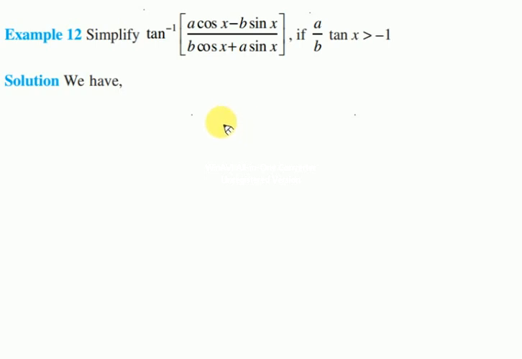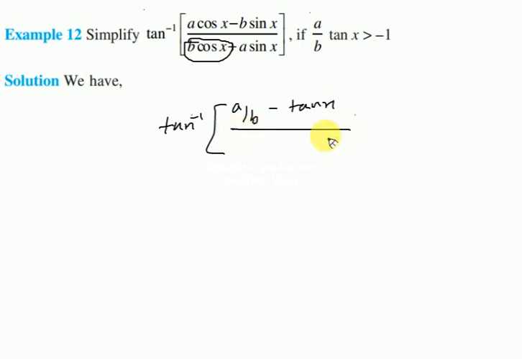So this is one more kind of problem. Write in the simplest form. Again, as I said, if you have numerator and denominator terms, you should make the first term in the denominator 1. So here it will be tan inverse of, dividing throughout by b cos x, the numerator will be a by b minus, b gets cancelled, sin x by cos x remains, tan x, divided by 1 plus, here again dividing by b cos x, it will be a by b into tan x.